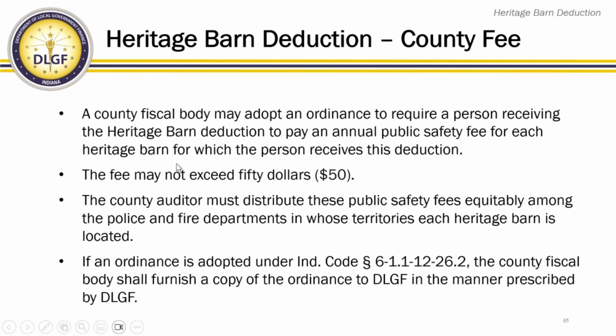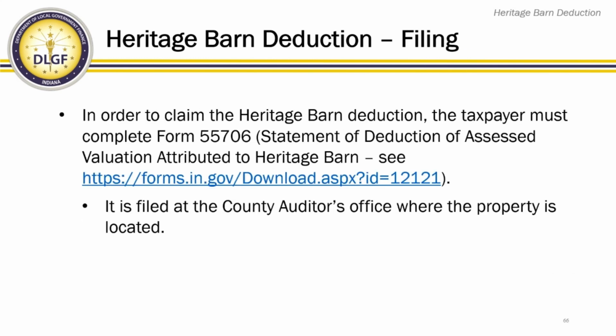The use of the fee is for police and fire departments where they have jurisdiction over the area in which the Heritage Barn is located, and the auditor has to distribute the revenue from the public safety fees equitably among police and fire departments who serve that area. Next slide. And this is just providing the link to the Heritage Barn deduction application. Next.